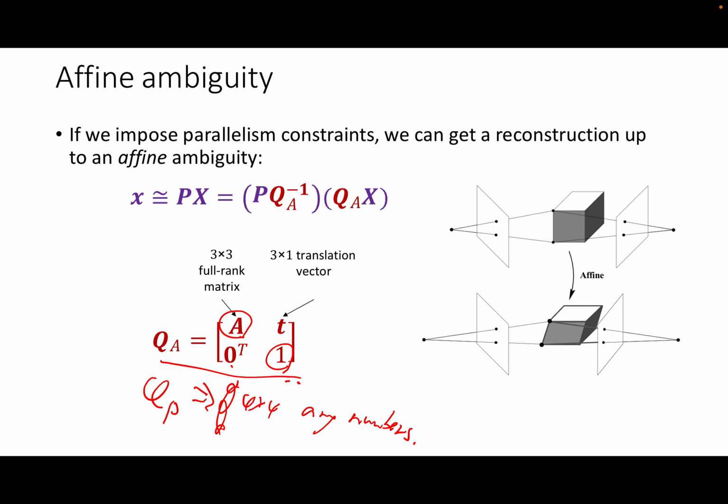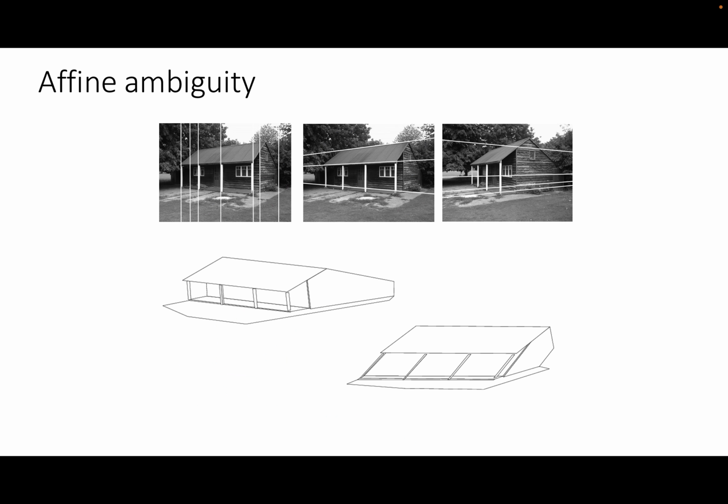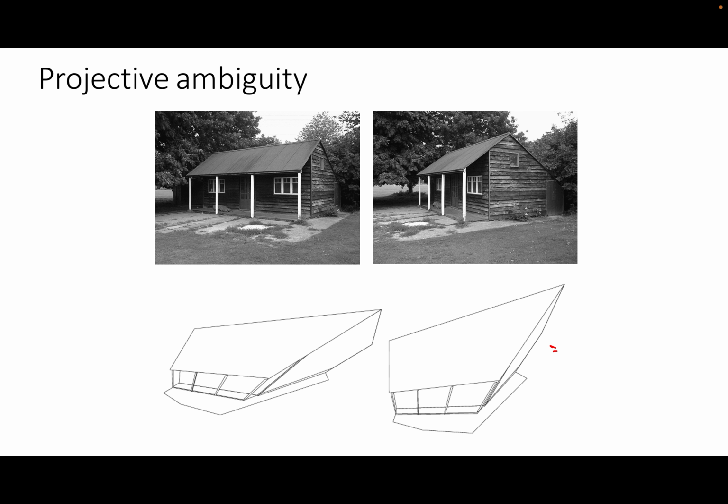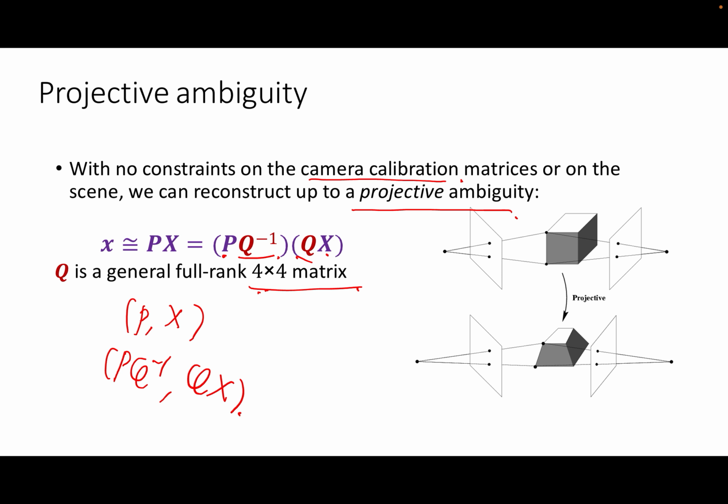So if we impose a parallelism constraint, then we can get a reconstruction up to an affine ambiguity. This shows the example, and this shows the affine ambiguity. So there is a constraint. If there is no constraint at all, then our SfM algorithm has a projective ambiguity because of this Q, a full rank 4x4 matrix.